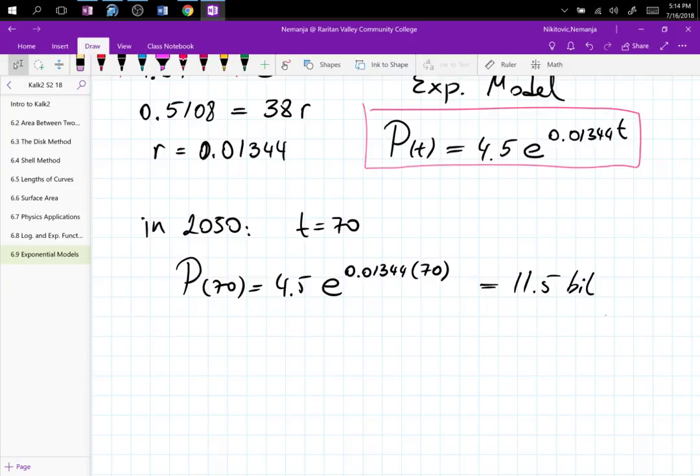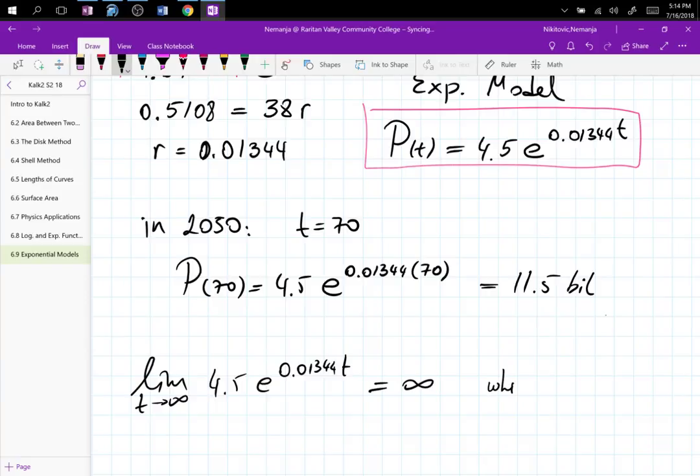So we can't have an infinite amount of population. But if you try the limit as t goes to infinity of our model 4.5 e to the 0.01344 t, the answer would be infinity, which is not possible. So this model is not that great.